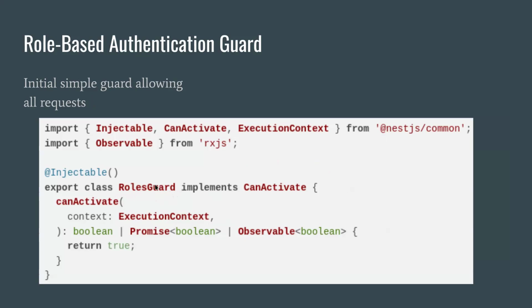The guard in this example simply allows all requests to proceed by returning true in all cases. So if you want to implement more advanced functionality, you would make modifications here.